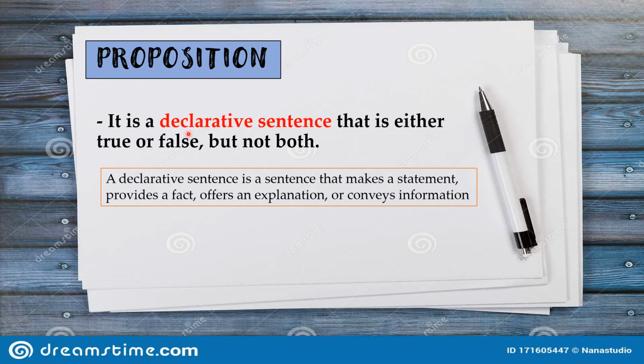And aside from being a declarative sentence, one of the characteristics of a proposition is it is either true or false. It can be true or it can be false, but it cannot be both true and false.